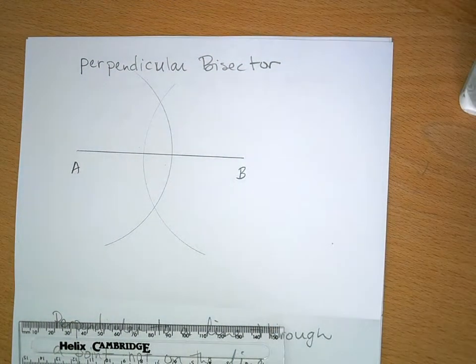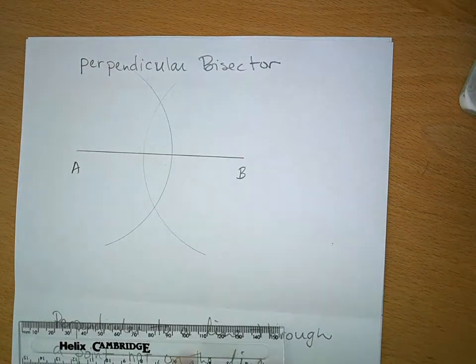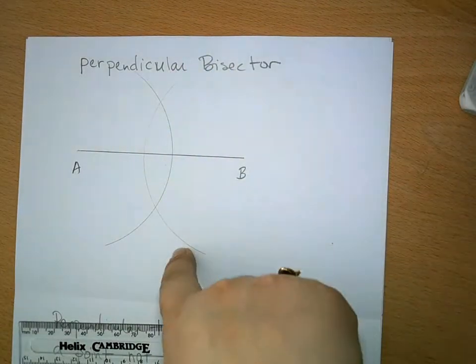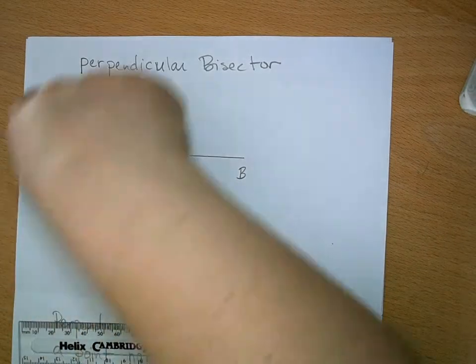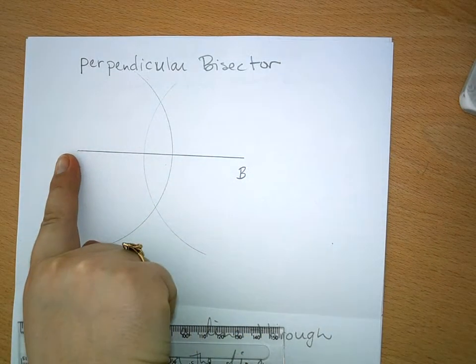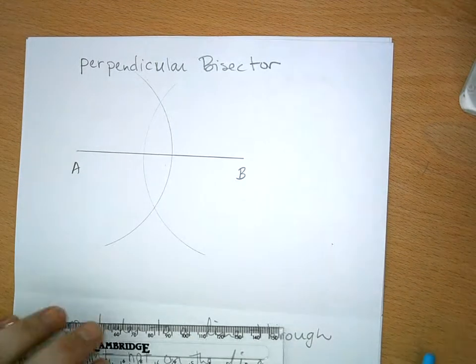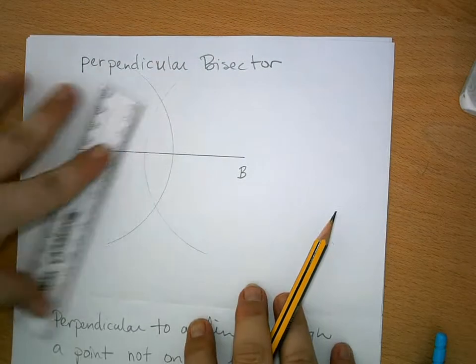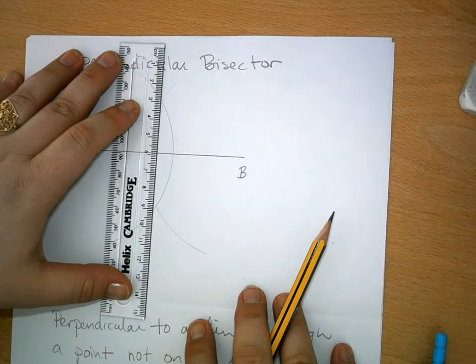These arcs represent circles. I could have drawn an entire circle here centered around B, an entire circle centered at A, and then we have our perpendicular bisector.